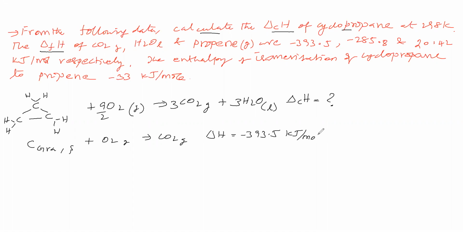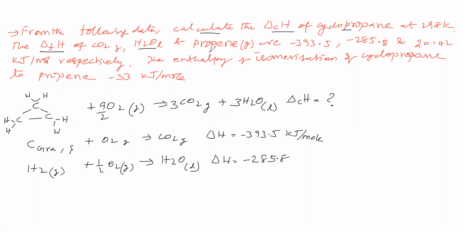Next, the enthalpy of formation of H2O liquid: hydrogen gas plus O2 gas gives H2O liquid, delta H is equal to minus 285.8 kilojoule per mole.